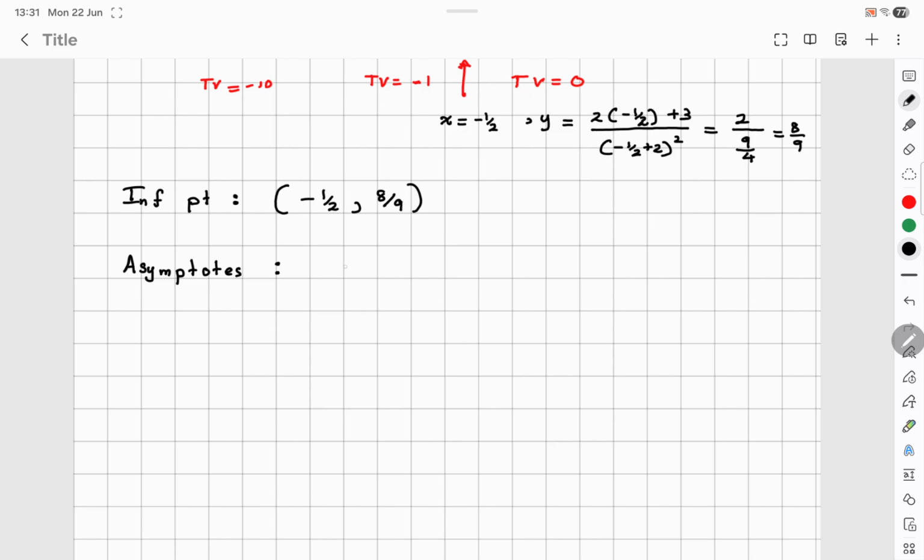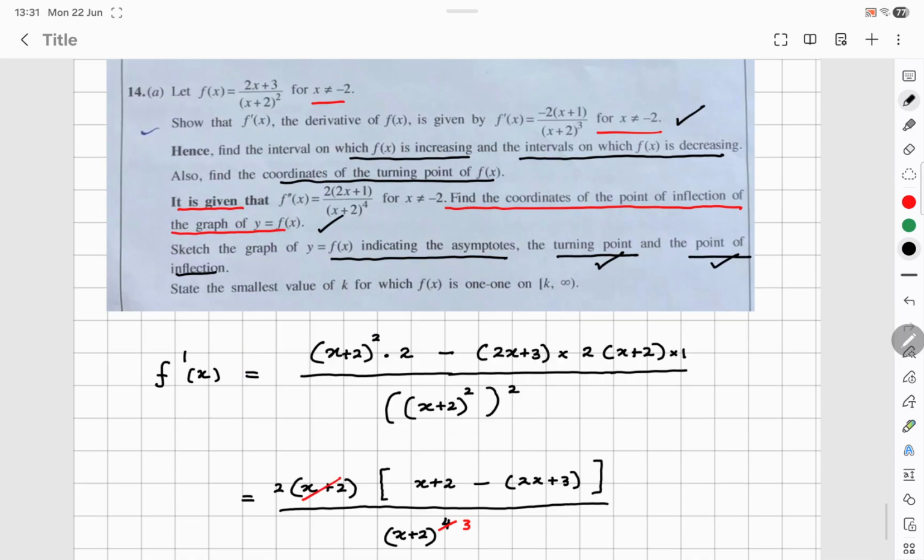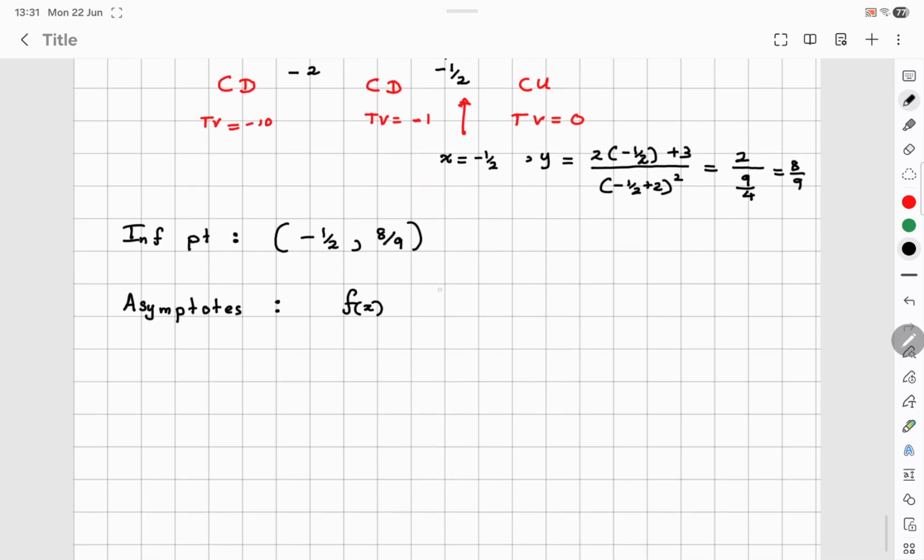For the asymptotes, we have to use the function. f(x) is 2x plus 3 over x plus 2 squared.